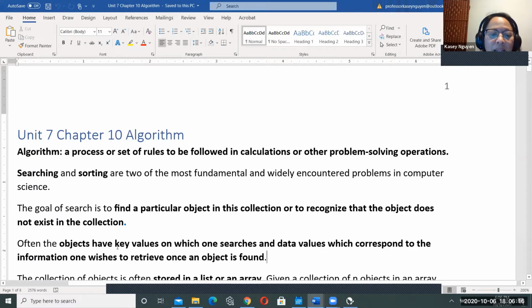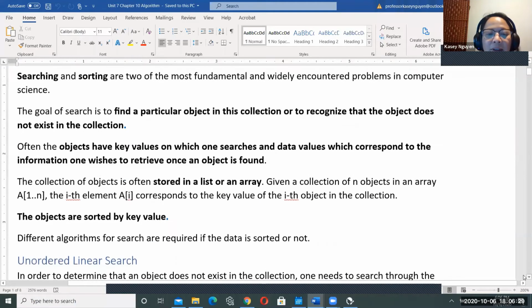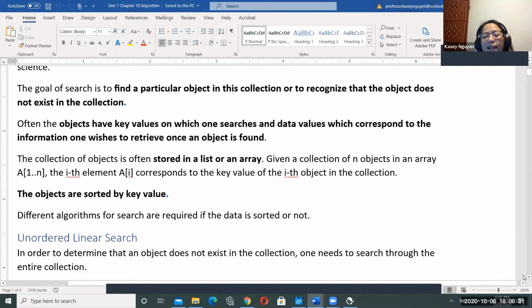So pay attention that we need to give it a key value, and based on that, it's going to search the data and be able to recognize if that object can be found. So likely on the elementary level, we would see an array, which is a container, and we can assign values in such an array.